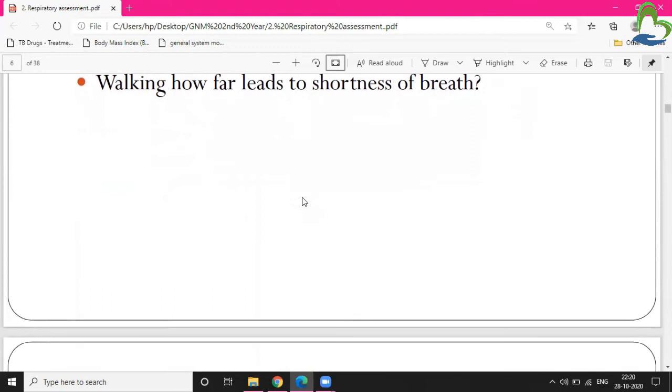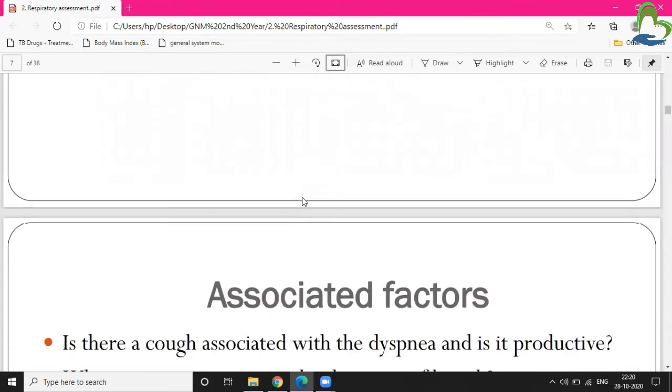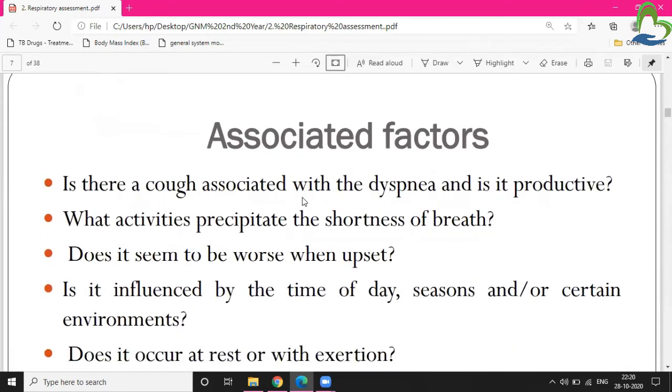So we need to collect all this history about the dyspnea. If we see the associated factors related to the dyspnea, is there a cough associated with the dyspnea, and is it productive?